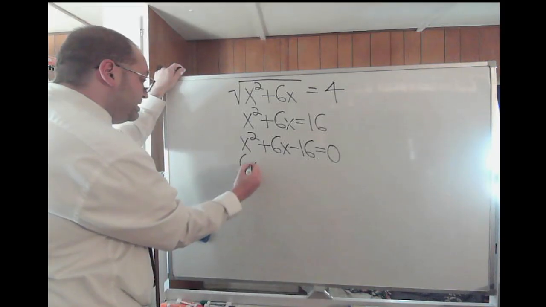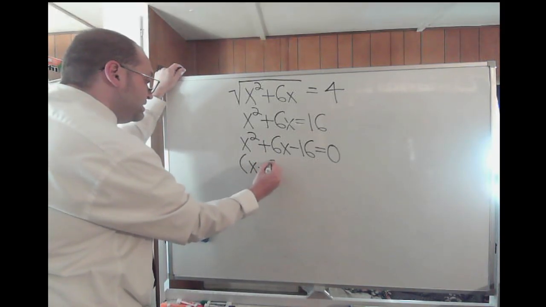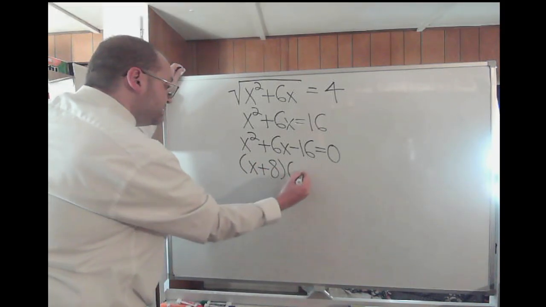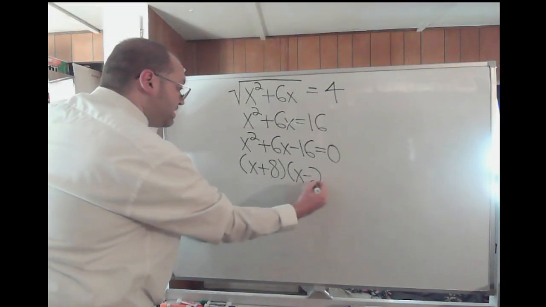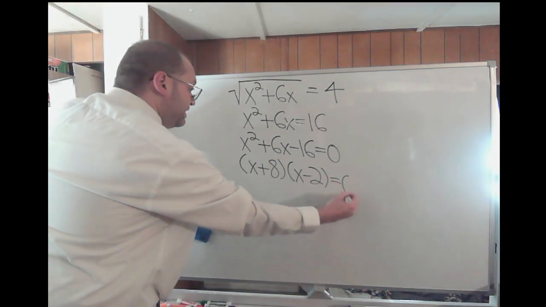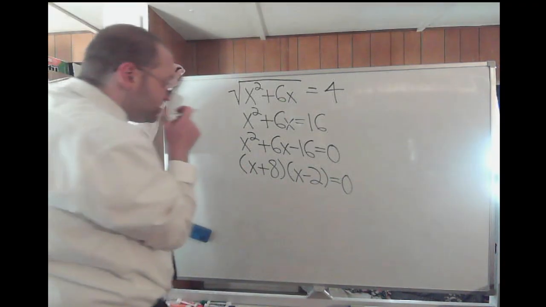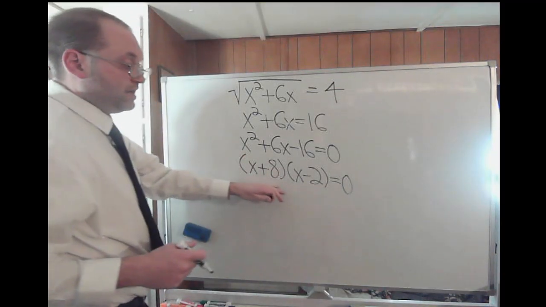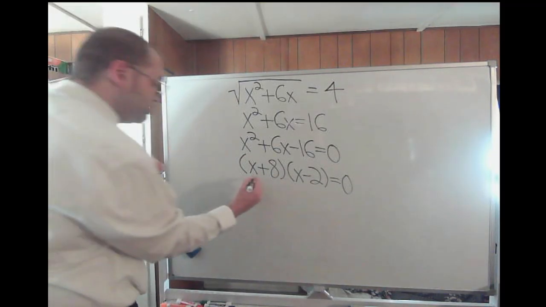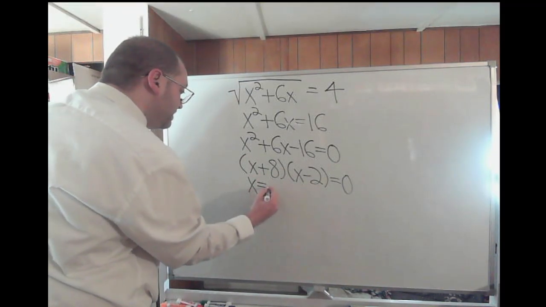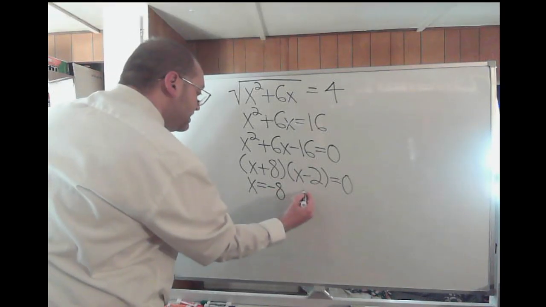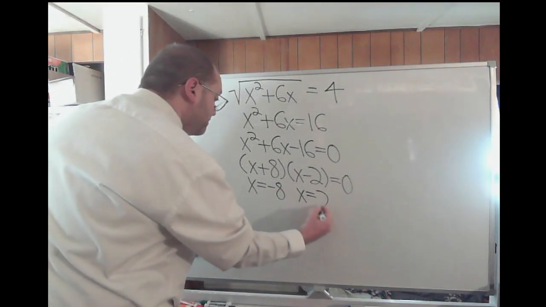That's going to be simply x plus 8 times x minus 2. Set that equal to 0, so you would get x plus 8, that quantity, times x minus 2, which means x would equal negative 8, and then x would also equal 2.